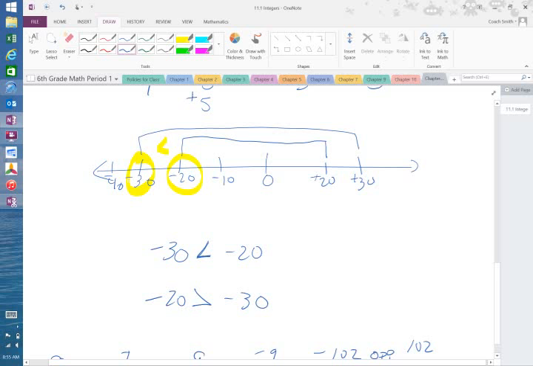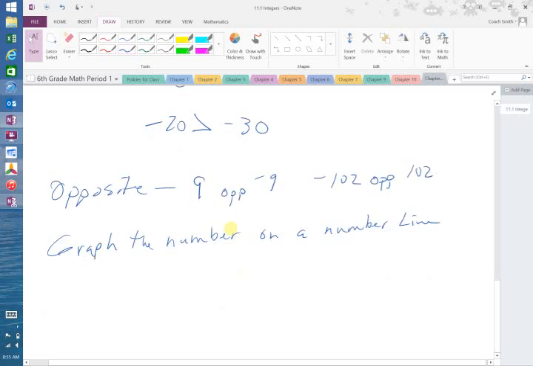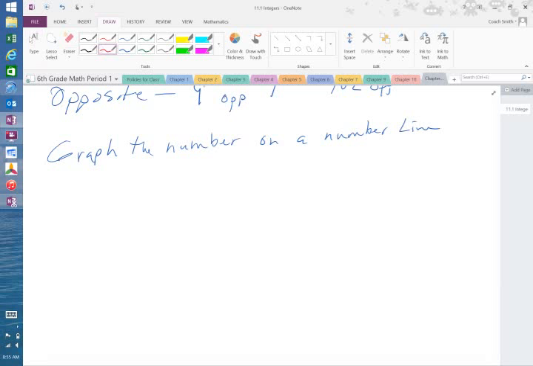Okay? Now, if they tell you to graph the number on a number line. For example, I give you negative 12, and they tell you to graph it on a number line. Graph it and its opposite.